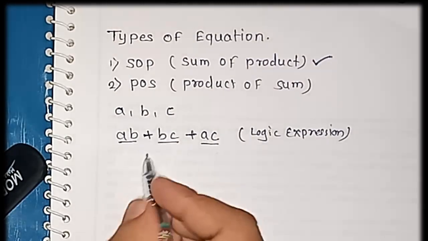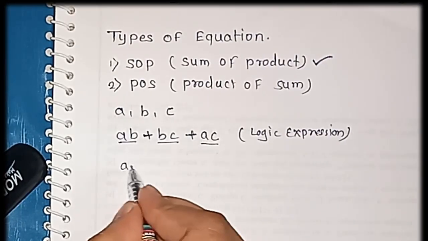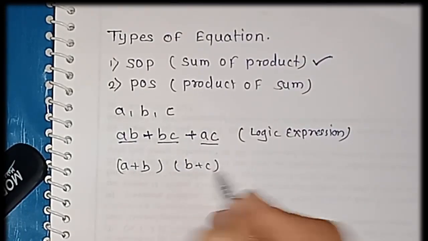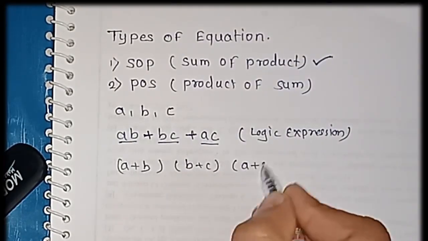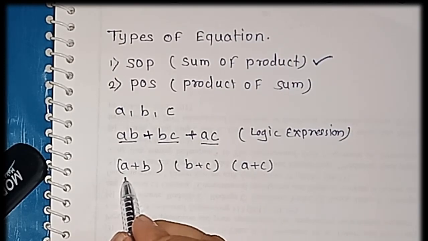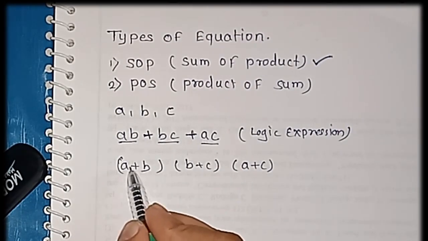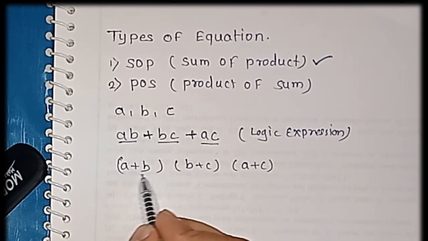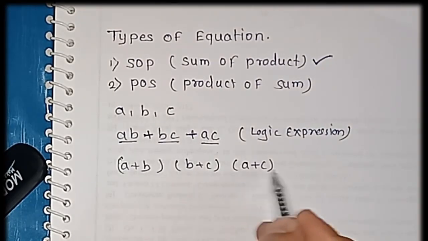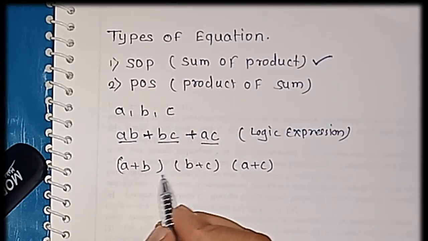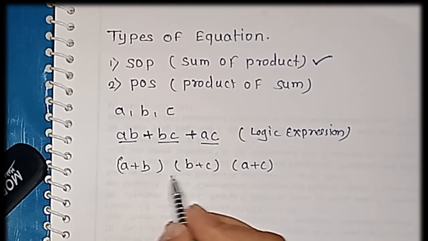Suppose we consider another example, like (a plus b) into (b plus c) into (a plus c). Now if you look at this equation, we have performed the addition of two variables, and then the results of the additions are multiplied. So here we have carried out the products.